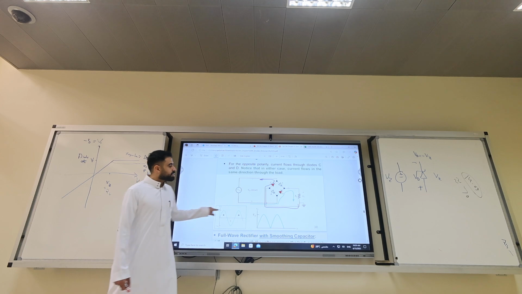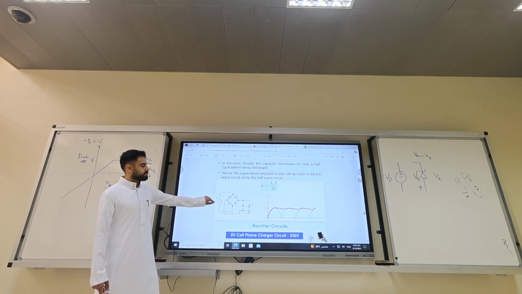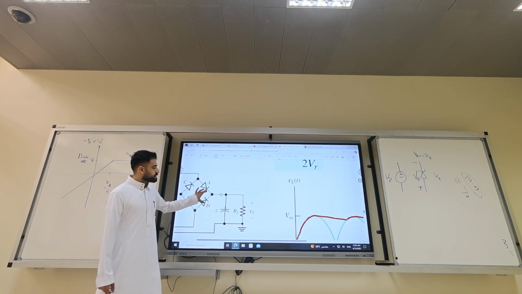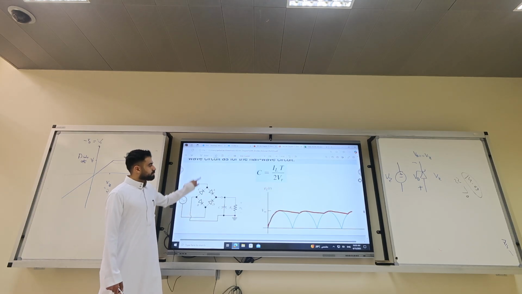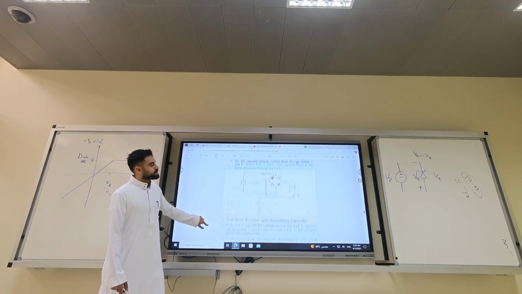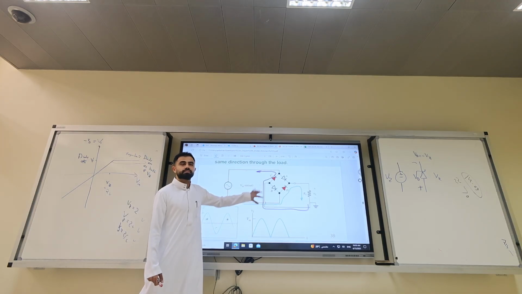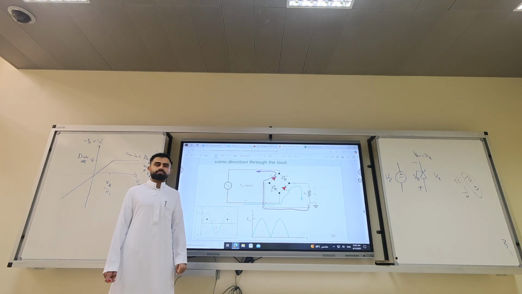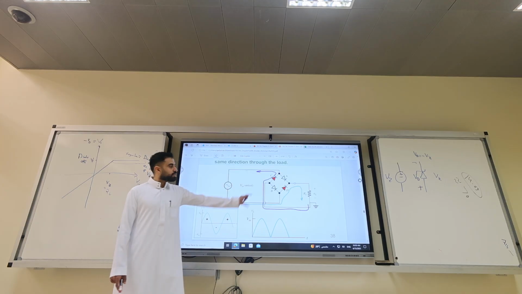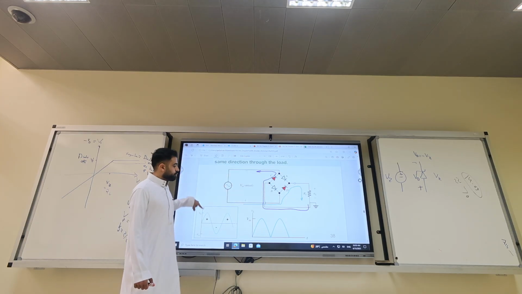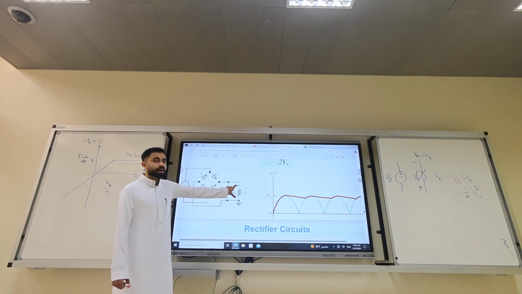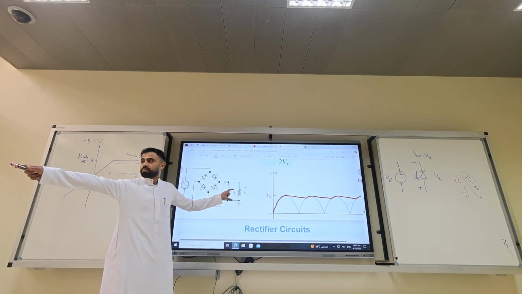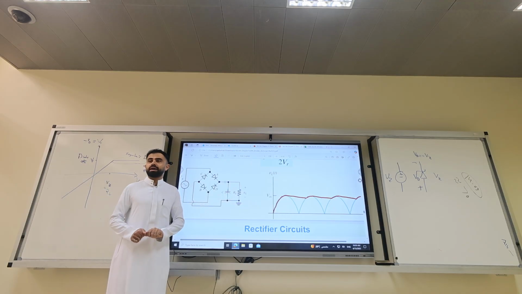So where did we add the smoothing capacitor? Look at the difference between this circuit and this circuit. Parallel to our load. If you look at the second circuit, we added the smoothing capacitor where? Parallel to the load, okay?